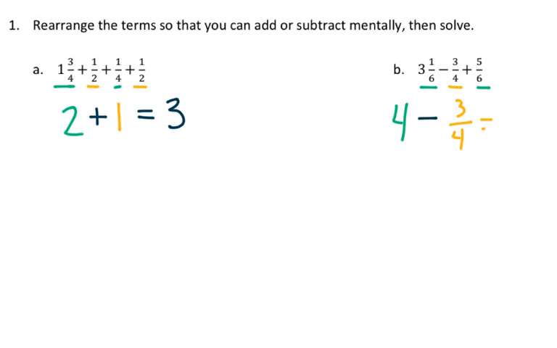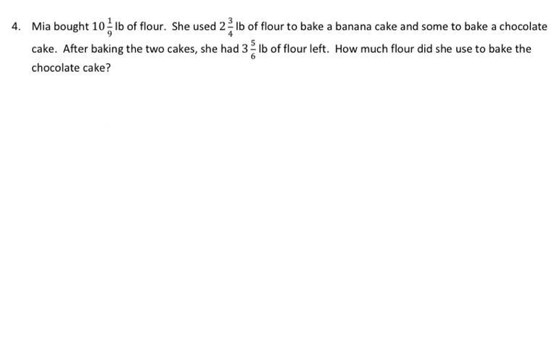I know that 1 minus 3/4 is going to give me 1/4. So if I have 4 minus 3/4, it gives me an answer of 3 1/4. Those should be pretty simple, and hopefully the students can see the common denominators and be able to solve that mentally and know how to get their correct answer.